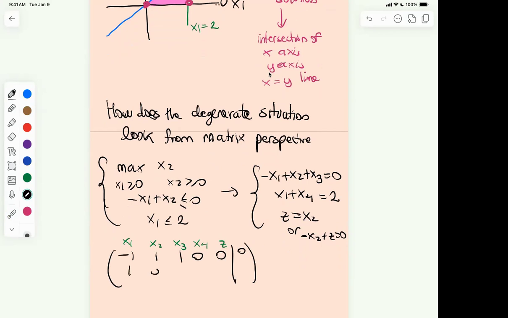Then you get 1, 0, 0, 1, 0. And then the last row, again, is not a row of the matrix. It's just the row that keeps track of the optimization function. So it would be 0, -1, 0, 0, 1, 0.